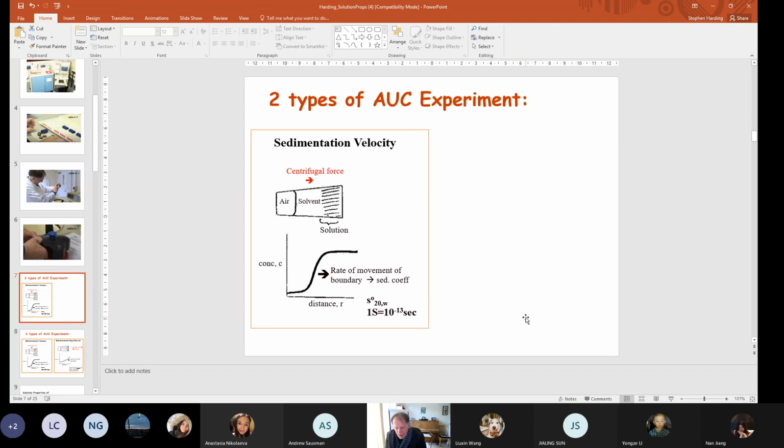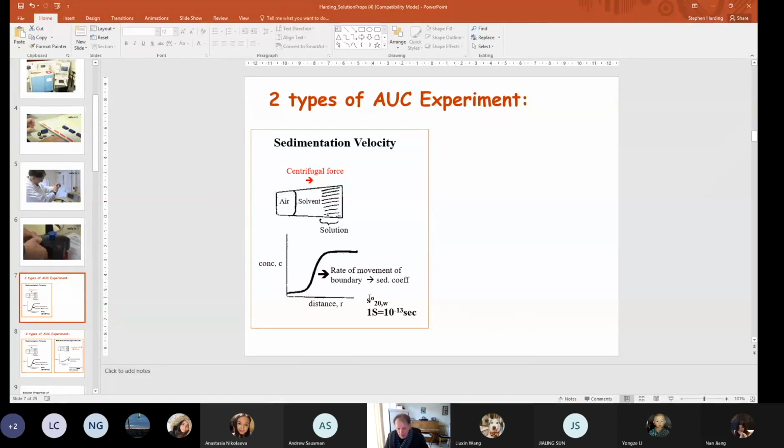The larger the S value, the faster it sediments, and generally the bigger the molecule. So the 70S ribosome is bigger than the 30S ribosome. And in food science, you've got the 12S, 11S globulins, all this sort of stuff. So it's used as a measure of size.